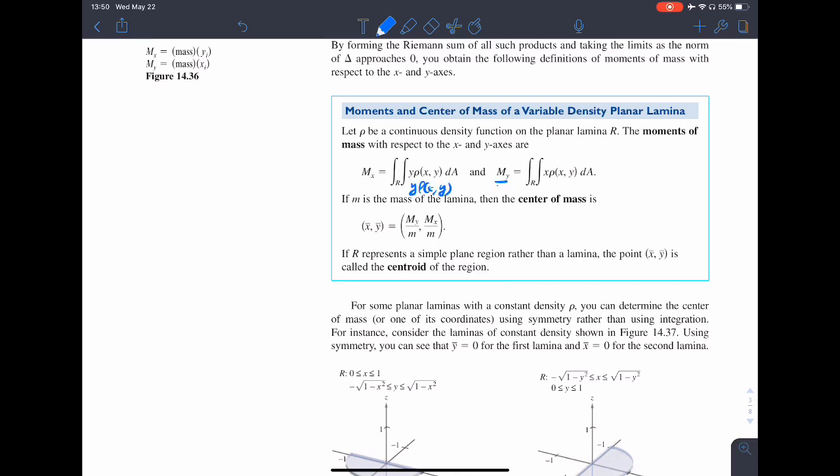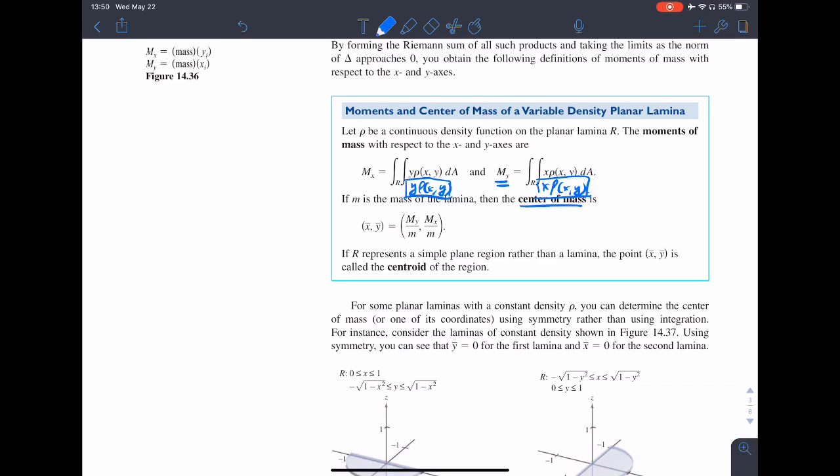And with respect to y, My is x rho of x, y. So notice that with respect to x, you have to multiply y, and with respect to y, you have to multiply x. So it's inversed. That should be noticed.